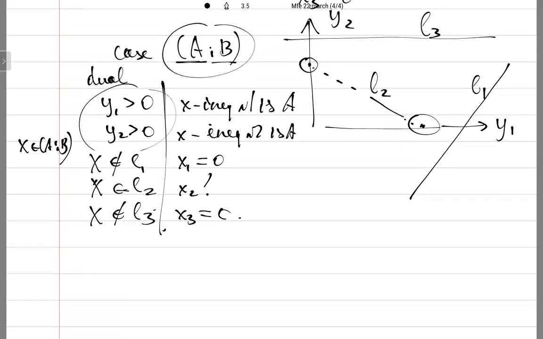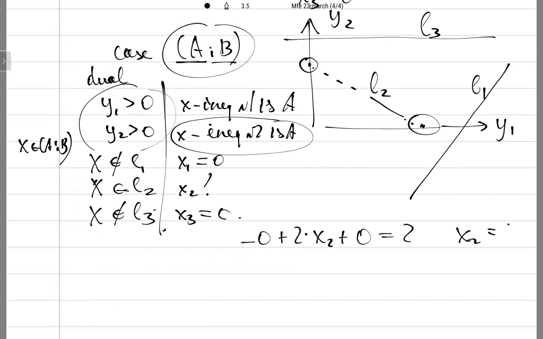And basically you are right, I will obtain the same solution, because using that one, I'll get minus 0 plus 2 times x2 plus 0 is equal to 2, x2 is 1.